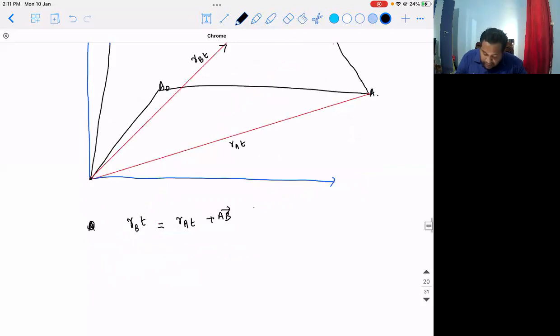Or we can say vector AB is equal to the position vector of B minus the position vector of A.